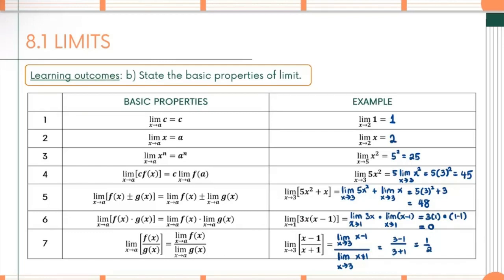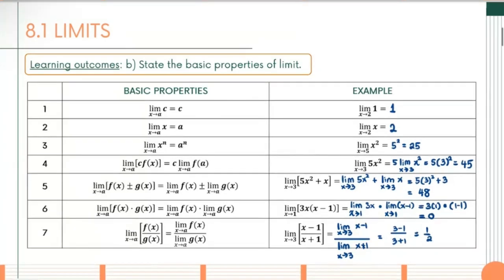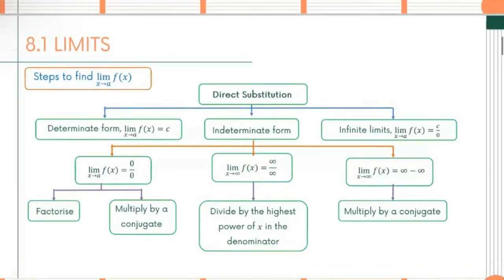Sekarang ini saya nak memperkenalkan beberapa the way kita akan cari limits tu macam mana. Okay, now let's look at the steps to find the limit of a function when x approaching a. Okay, bila dapat soalan limit je sebenarnya, first of all, you are going to do direct substitution.